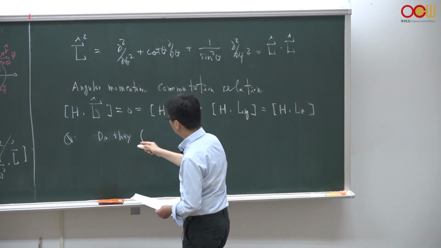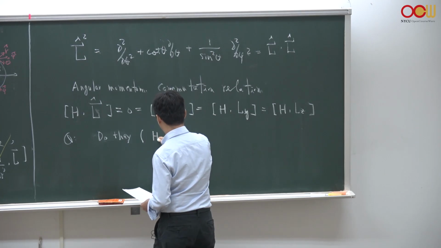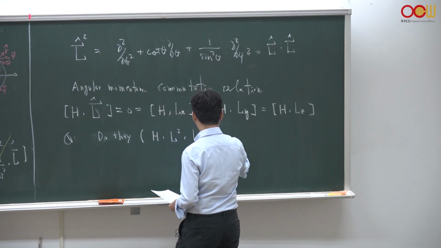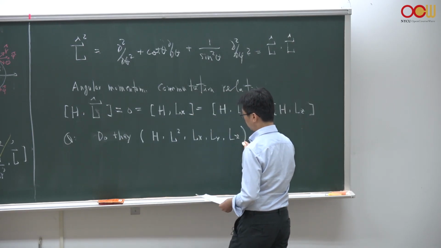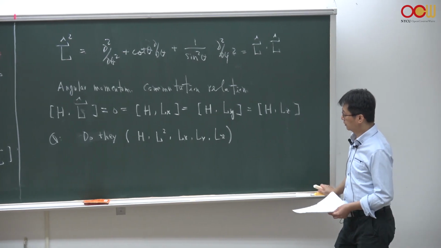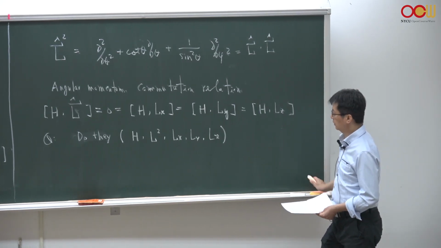When I say they, I mean the Hamiltonian, L square, and Lx, Ly, and Lz. So whether these 5 different operators form a commuting set.